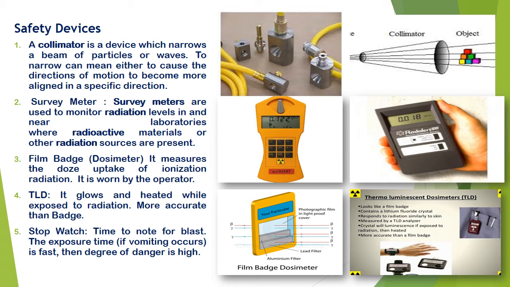And the survey meter. The survey meter is used at the source or near the laboratory to know the levels of radiation around, and operators also wear film badges having a particular crystal coating, which is generally gray in color, but if it is exposed to the radiation it becomes black in nature.